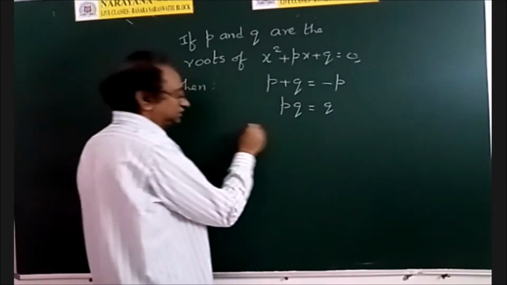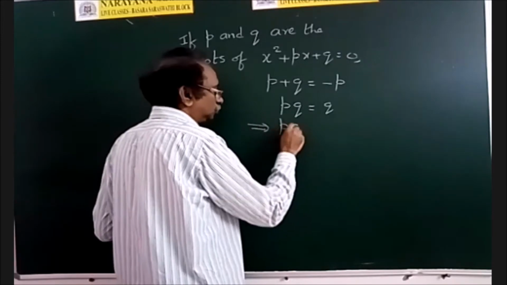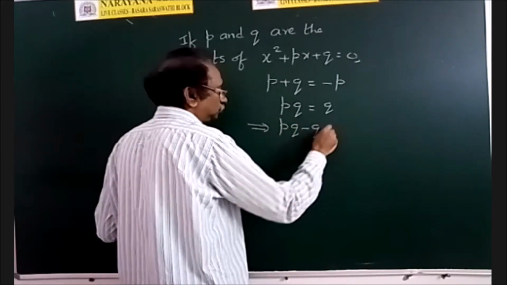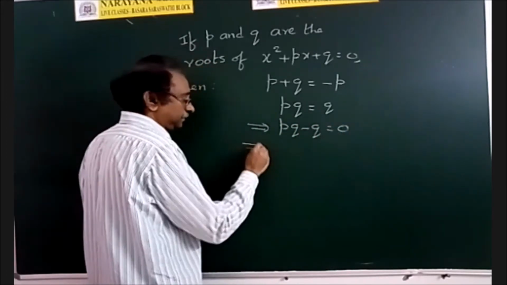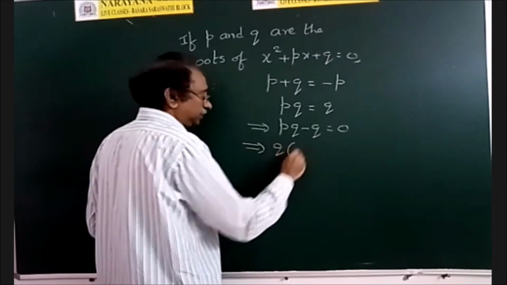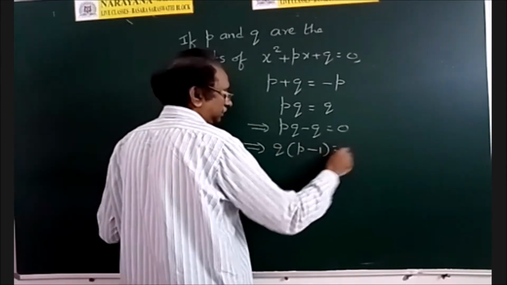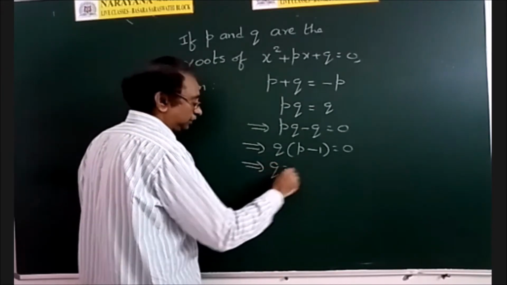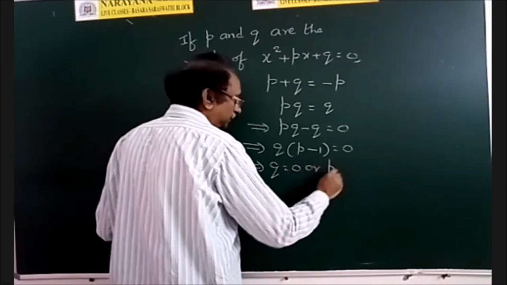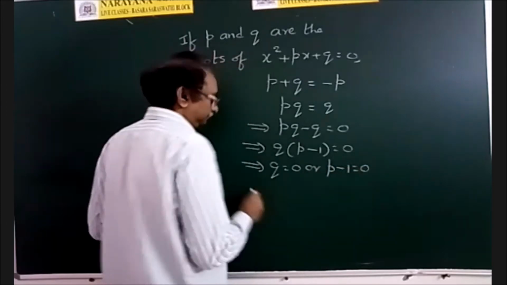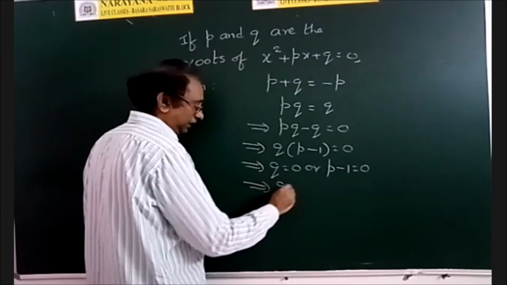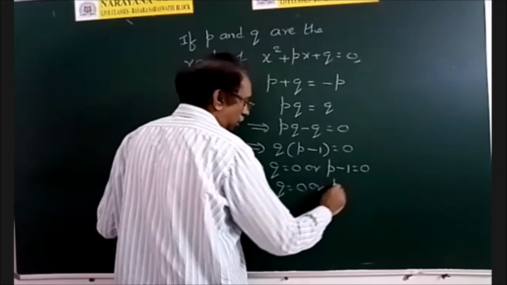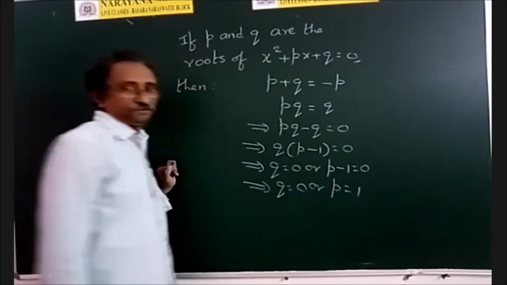So this implies pq minus q is equal to 0. That implies q into p minus 1 is equal to 0. So either q is equal to 0 or p minus 1 is equal to 0. That implies either q is equal to 0 or p is equal to 1.